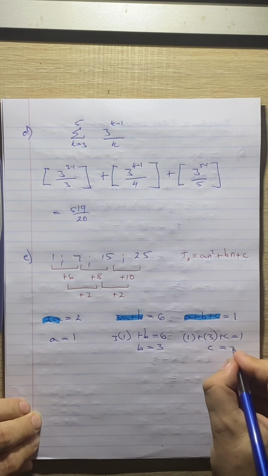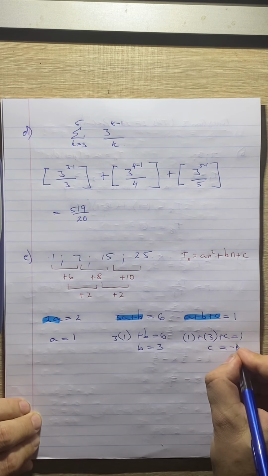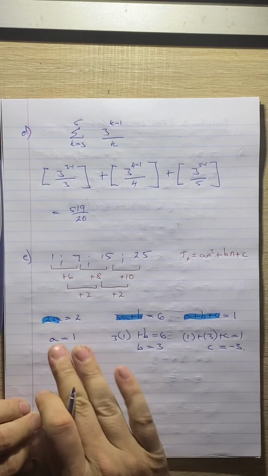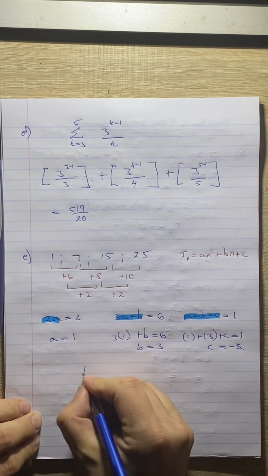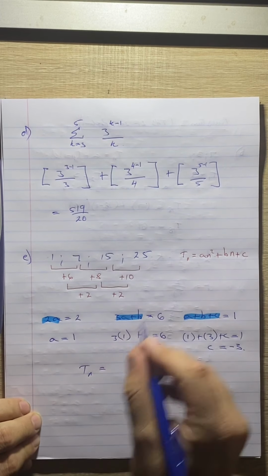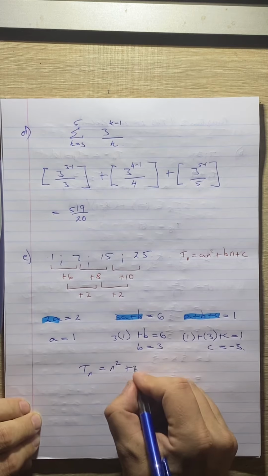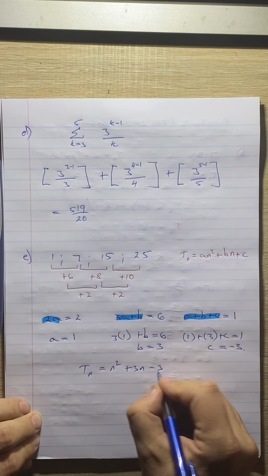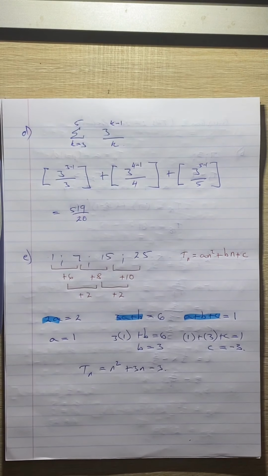So c is equal to minus 3. So now we've got our a, our b, and our c. I can plug it into our quadratic formula. So Tn is equal to n squared plus 3n minus 3. Thanks, grade 12s.